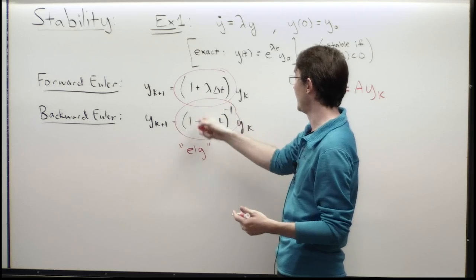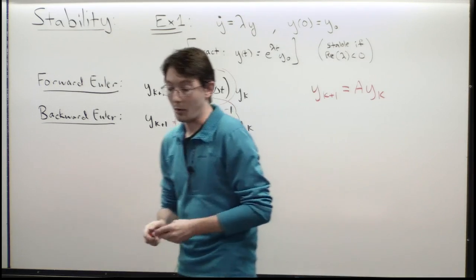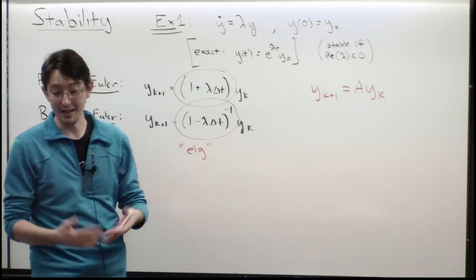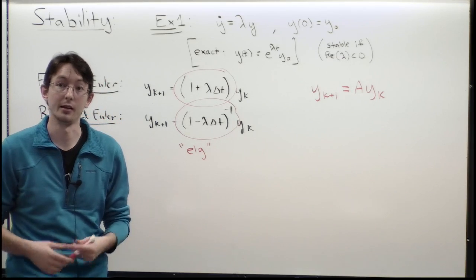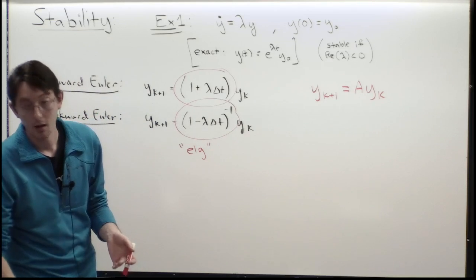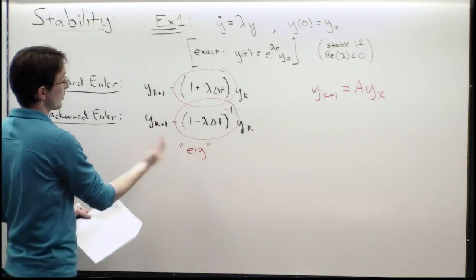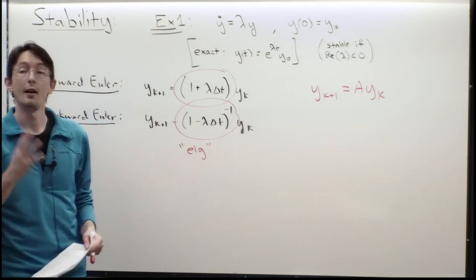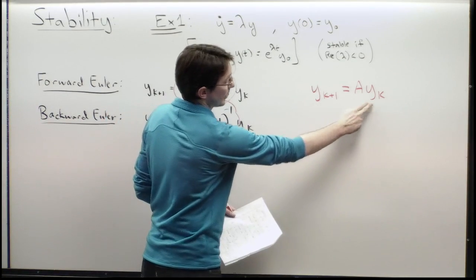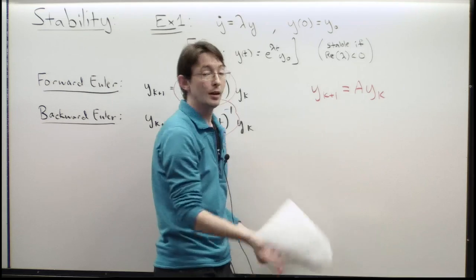So if these numbers are outside the unit circle, then the system's unstable. And if they're inside the unit circle in the complex plane, then it's stable. This is what we've learned from eigenvalues and eigenvectors. We used this before when we were looking at iterative solutions. This is a very, very important concept, that this numerical iteration will be stable.